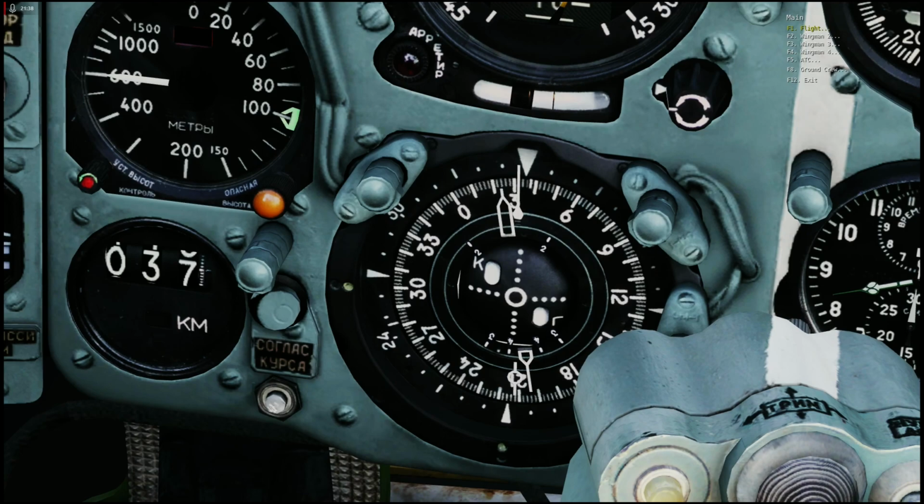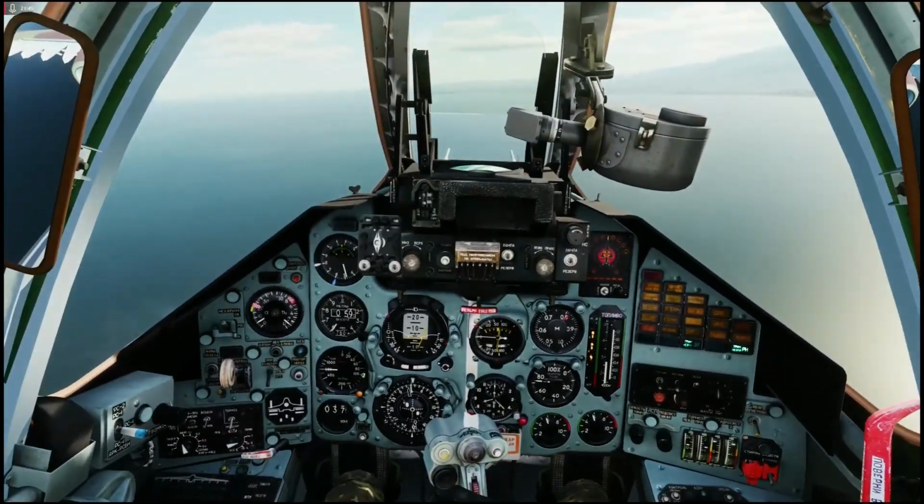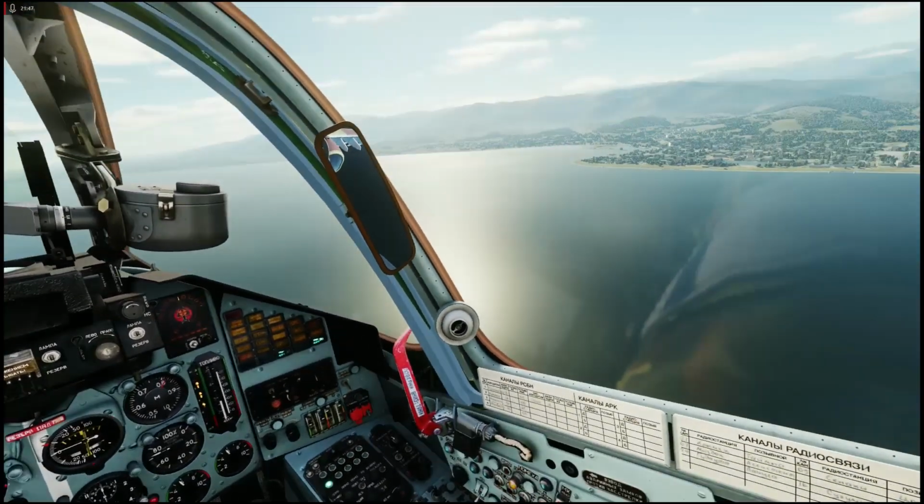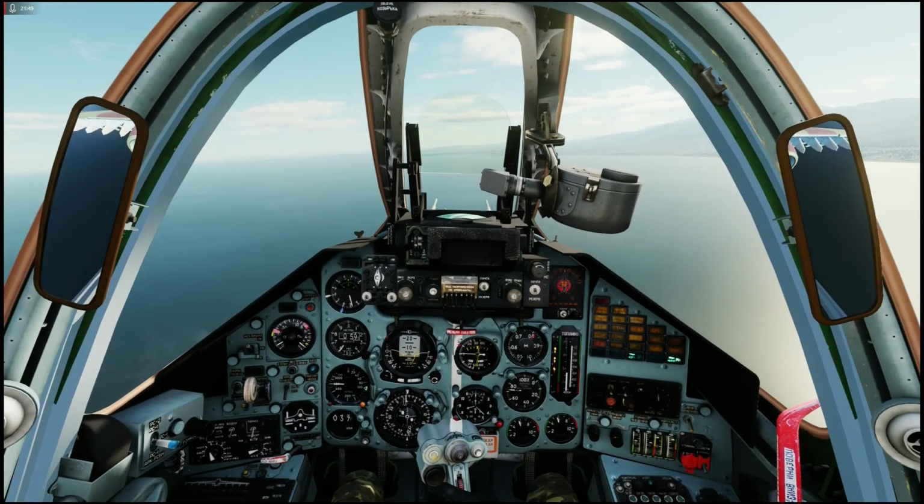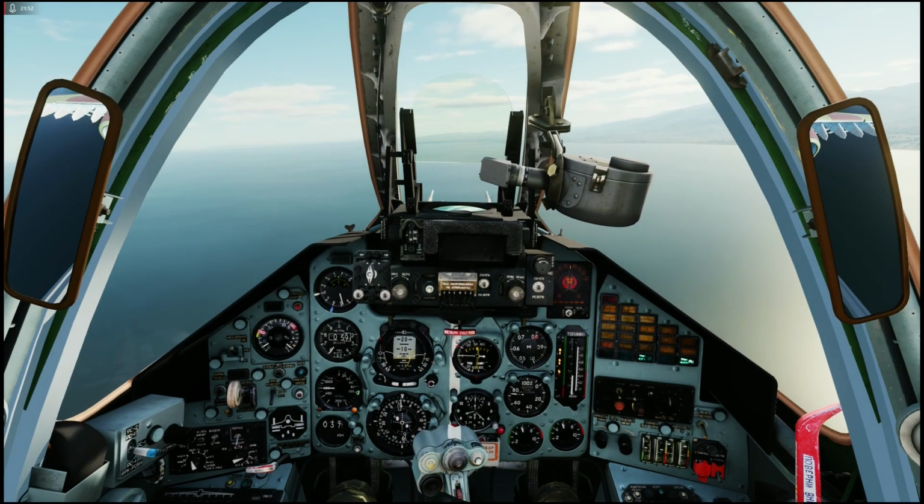When I see those two needles almost aligning, I need to go to the bearing needle. Otherwise I will be overflying the route.